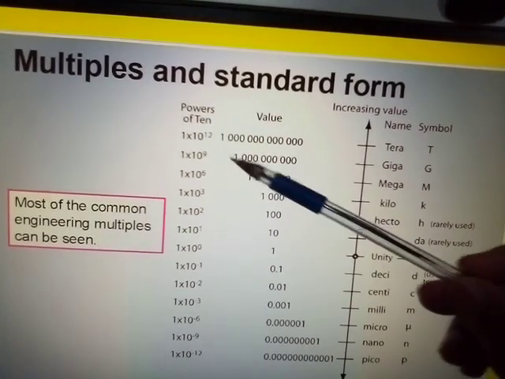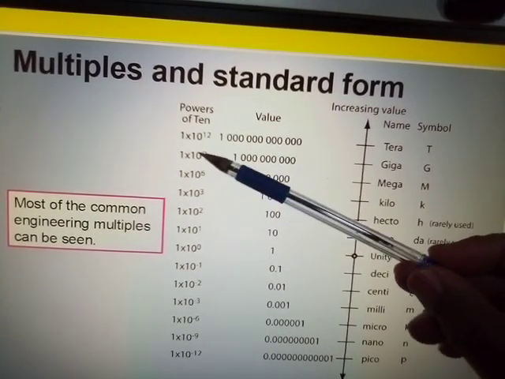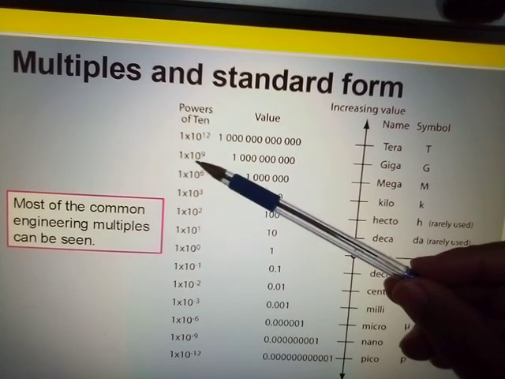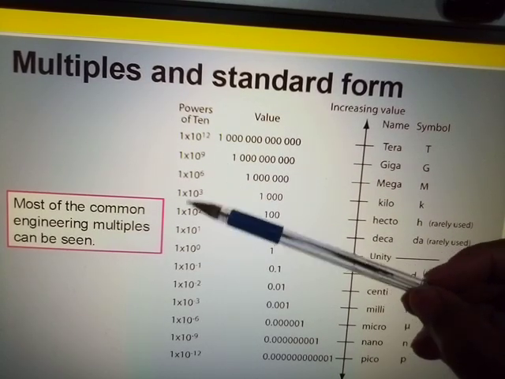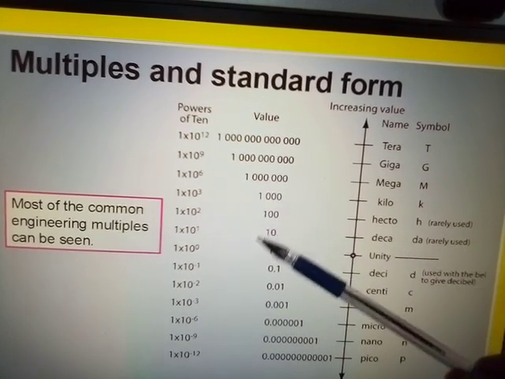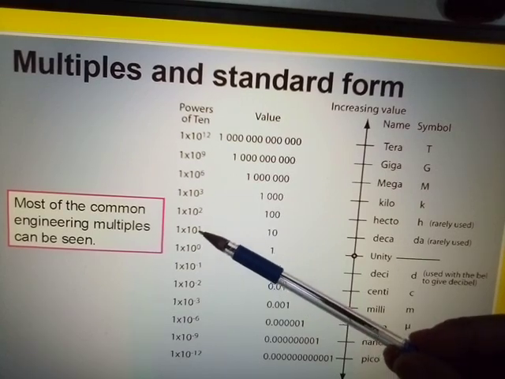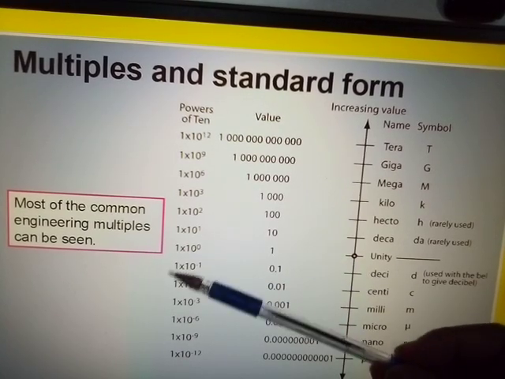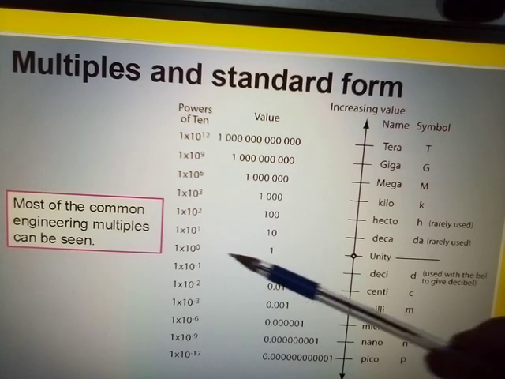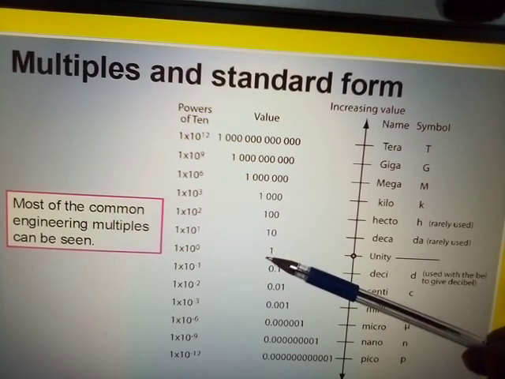So here we have powers of 10. 1 times 10 to the 12, you can see here, is a very large number. 1 times 10 to the 9, 1 times 10 to the 6, 1 times 10 to the 3, 1 times 10 to the 2, which will be 100. 1 times 10 to the 1 will simply be 10. Now 1 times 10 to the 0 is 1. Anything raised to the power of 0 is 1.